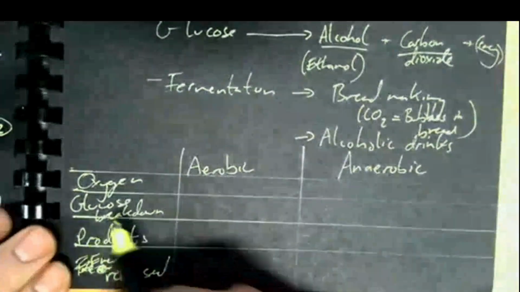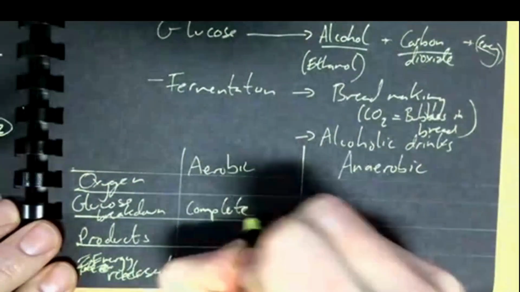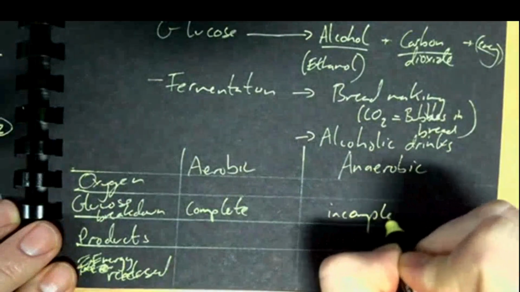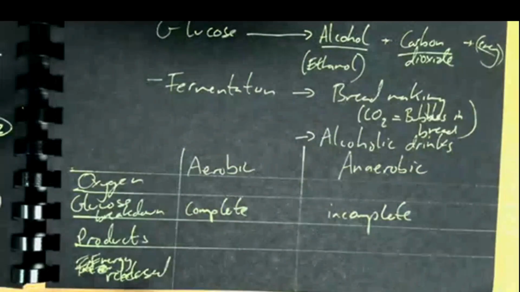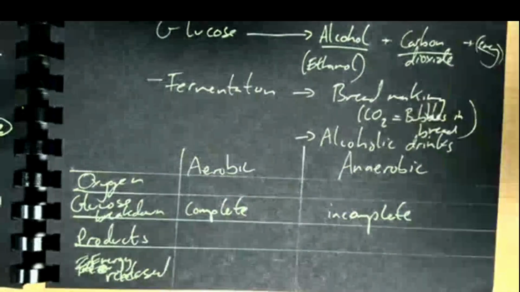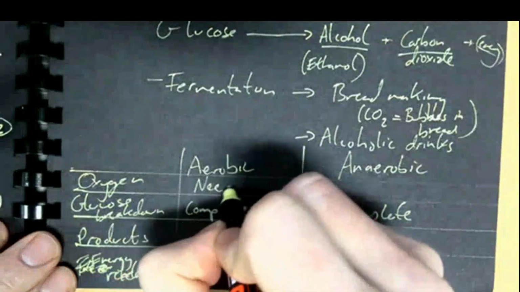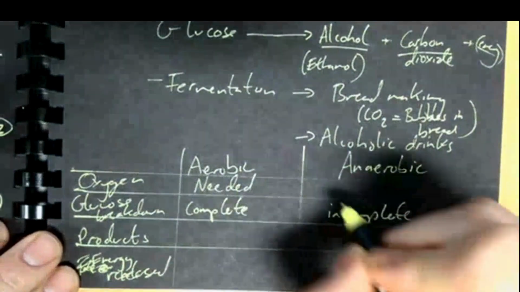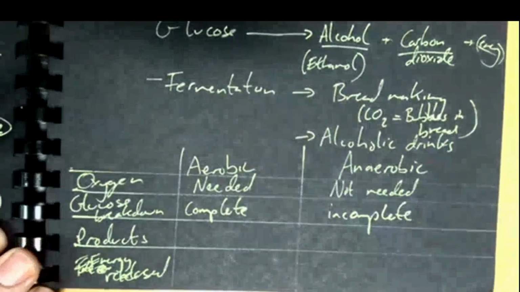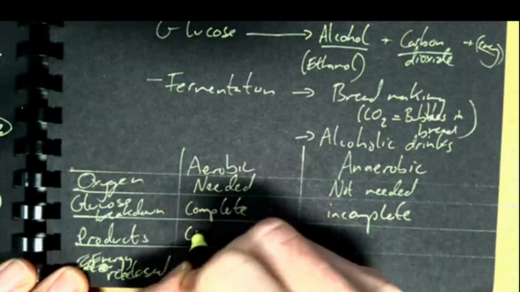So for instance, glucose breakdown in aerobic is complete and in anaerobic incomplete. Do we need oxygen? Yeah, it's needed for this one. It's not needed here. What are the products?